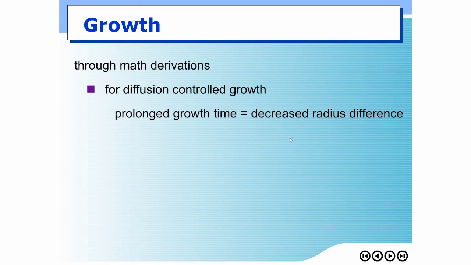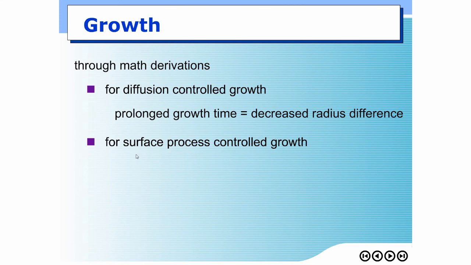It means if we have two particles with different sizes, the longer the growth period, the two different particles become almost the same size, which is what we want. So eventually it brings uniform size distribution.